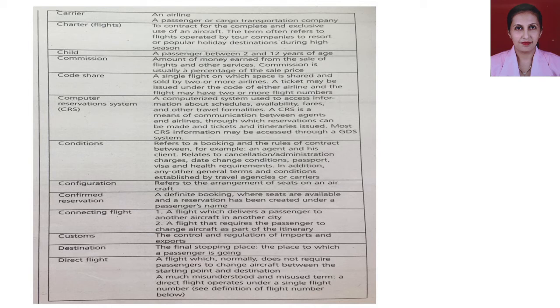So Mumbai is my origin, Dubai is not my destination. Okay, I'm just reaching Dubai, and from Dubai I am going to London. So here London is my final stopping place. So London becomes my destination. Okay, the place to which a passenger is going. So London is the place where I'm actually going from Mumbai. Okay, so Dubai is only a stopover. Dubai is known as stopover here in this case. Mumbai is the origin, Dubai is the stopover, and London is the destination, means the final place.